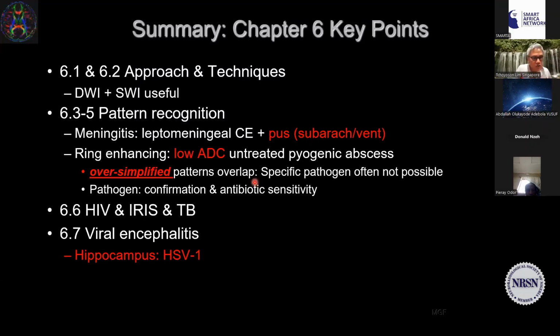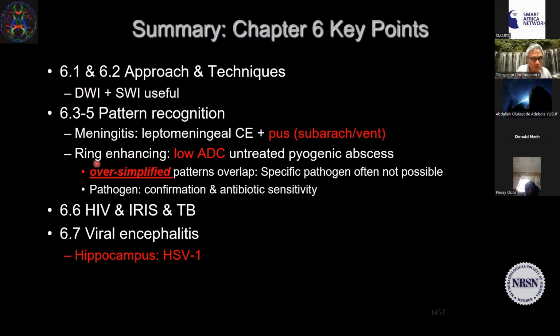So I'm going to make a short summary. We've gone through the approach and the techniques, emphasizing the usefulness of diffusion and SWI. We've got pattern recognition of meningitis, of contrast enhancement, as well as pus in the subarachnoid space and ventricles, well demonstrated by DWI.